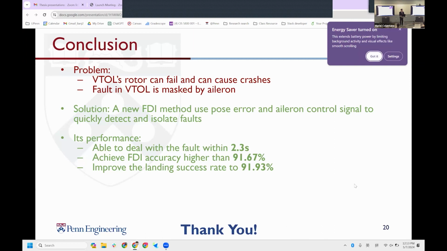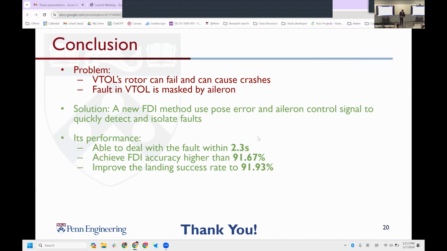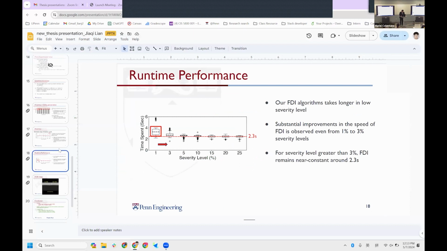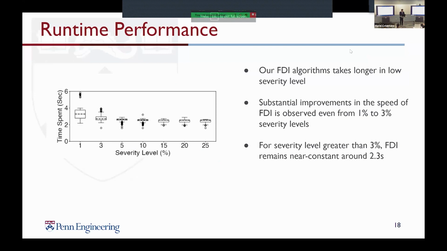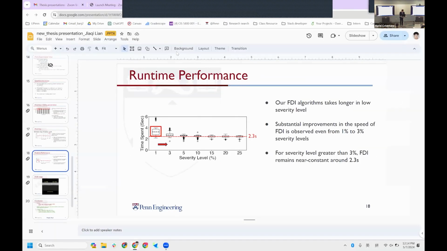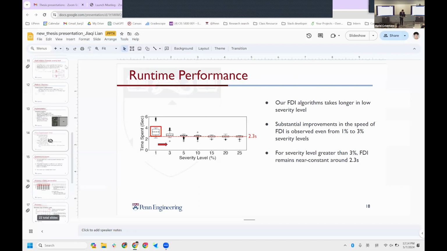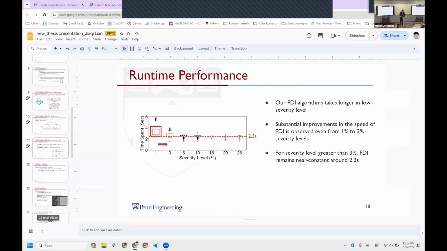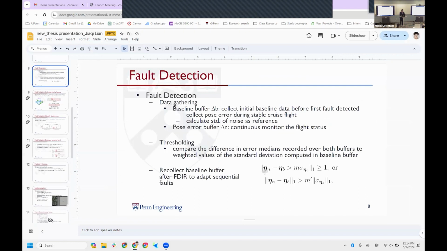Other questions? Could you please go to page 18? Yeah. When you mention your runtime performance, the low severity level takes more time. Could you please expand on the reason? Actually, it is because in the previous step, for the fault detection, and it is the equation here, we use the error medians.